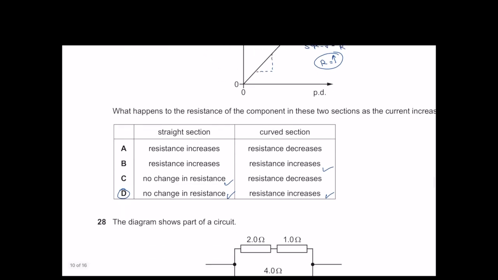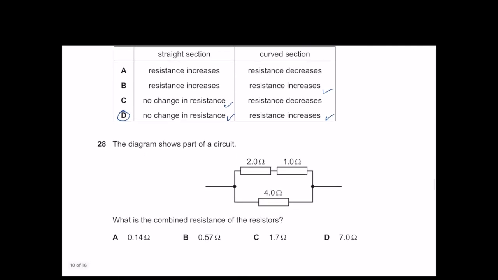In 28, they said the diagram shows a part of a circuit. What is the combined resistance of the resistors? Please try not to use your calculator that fast. Here we have 1 resistance equal to 3 ohms. This is the value for that resistor, 2 resistors when we add them together because they are in series. So 3 ohms.